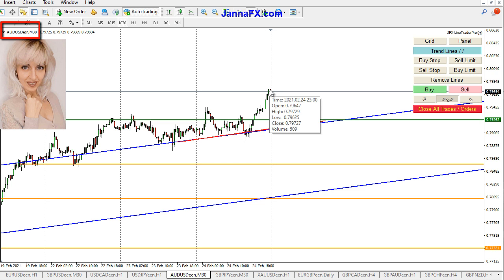Of course, if it does not continue and turns around, I will come out with a small profit again. And if it goes back, who knows, and just touches this level, then I'm going to place buy orders again, using that as a possible pullback. If it goes inside this, then I'm going to switch both orders to a buy pending order and a sell. So that's pretty much it with Australian.